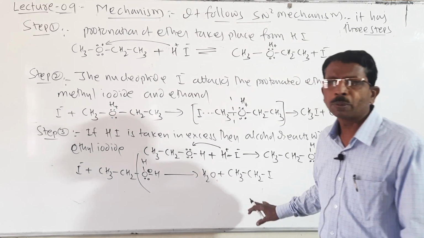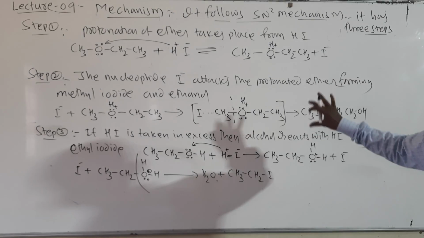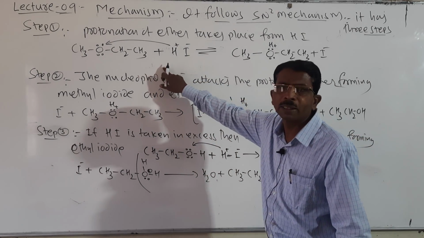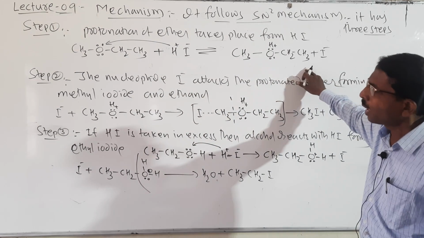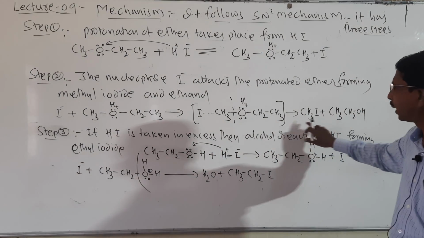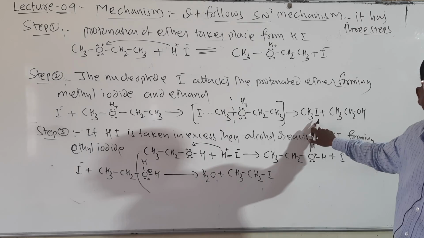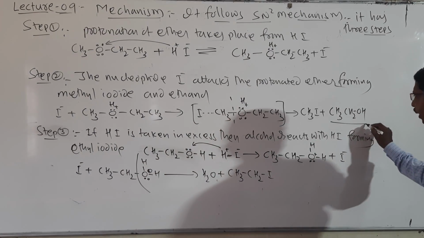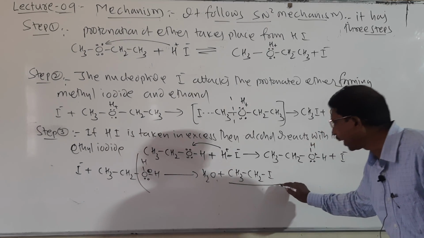So this mechanism may not be asked in your examination, but you must know how the reaction takes place. How this hydrogen iodide attacks this ether, and then it forms a protonated ether, and how this protonated ether reacts with another nucleophile and it forms a transition state. After that it forms methyl alcohol and methyl iodide. And again, if excess of HI is used, then this ethyl alcohol reacts with this hydrogen iodide, forming again ethyl iodide.